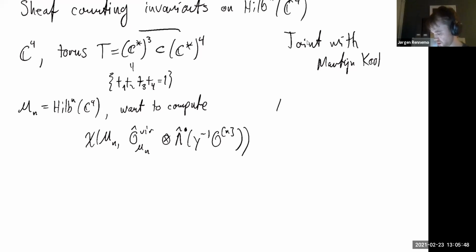So just to remind you of the notation, by this thing I mean the alternating sum of the ith wedge power.